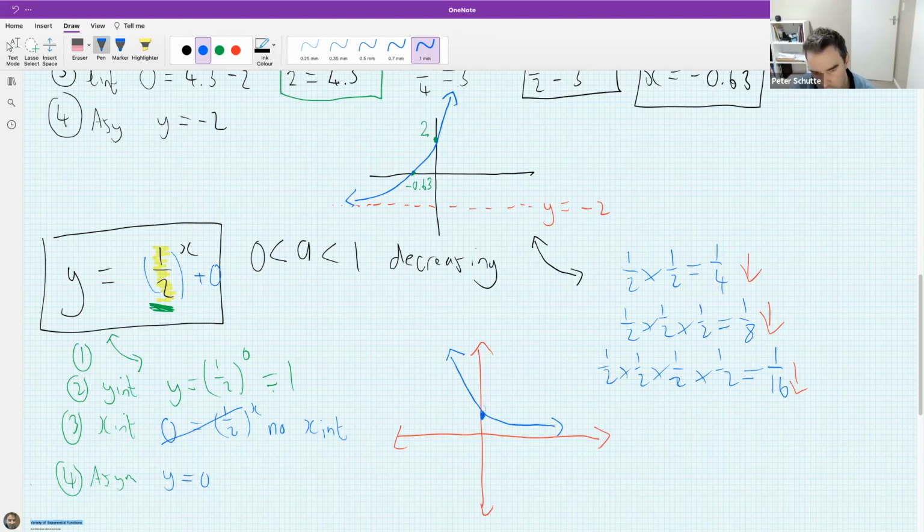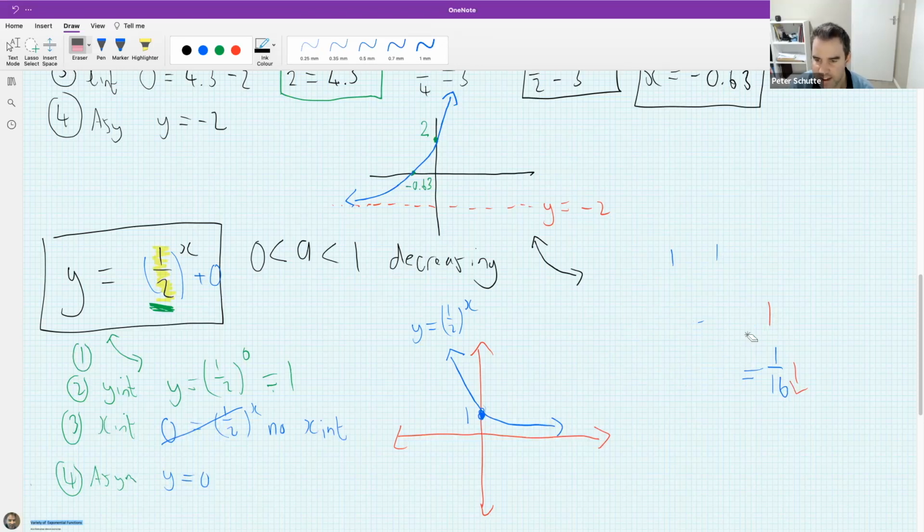And it must go through here, which is going to be 1. And then I label my graph a half to the power of x. So this stuff over here, you don't need to worry too much about it. All I was trying to convince you is that when the a value is a fraction, it decreases, not increases.